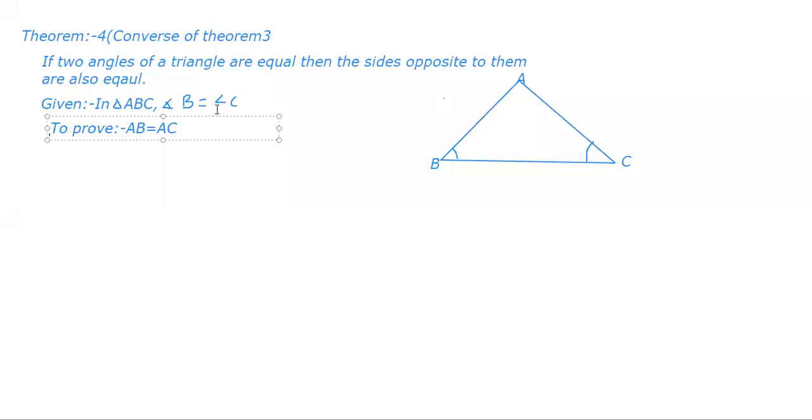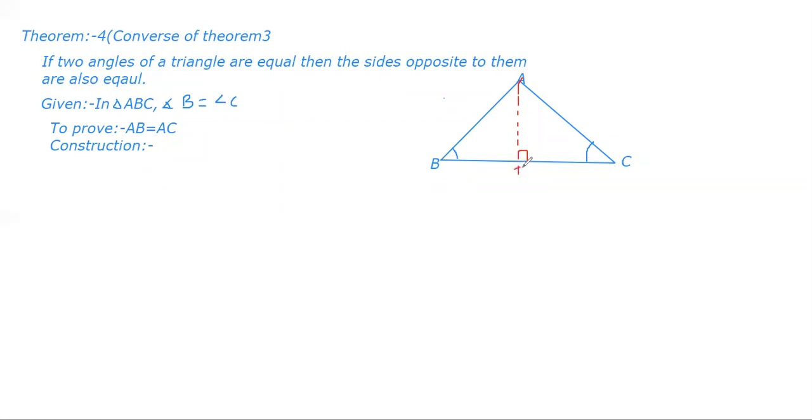Now here we have to prove AB and AC are equal. For that we require construction. Let's construct one line AD perpendicular to base BC.